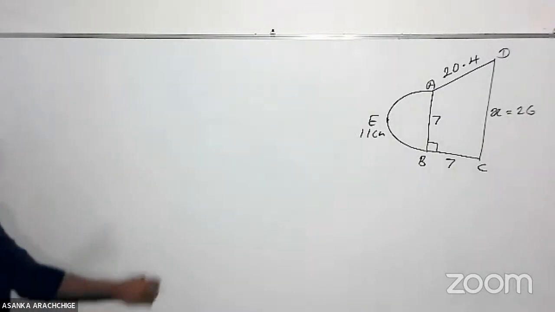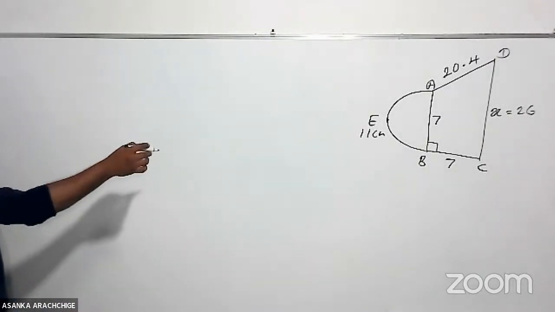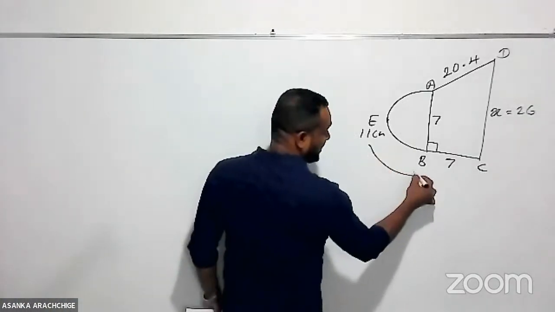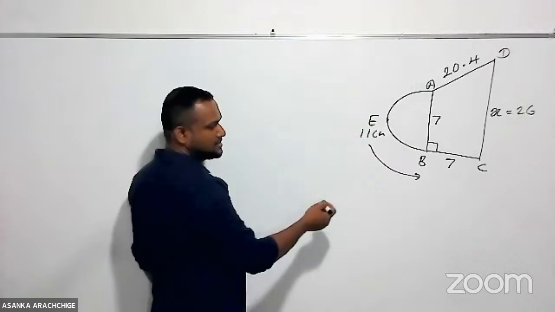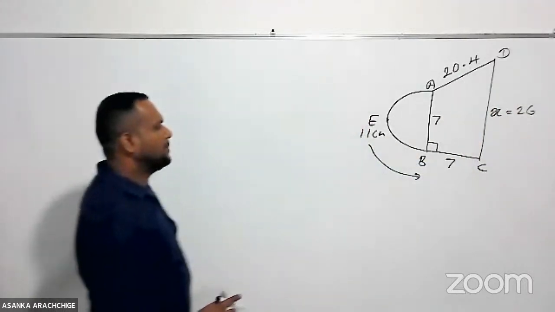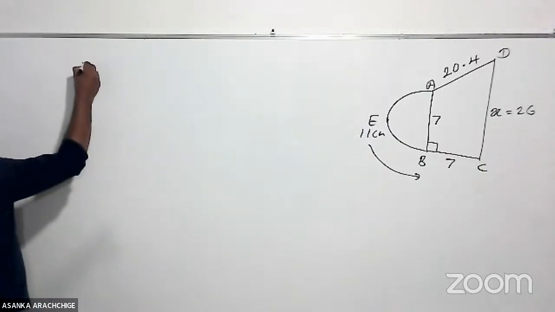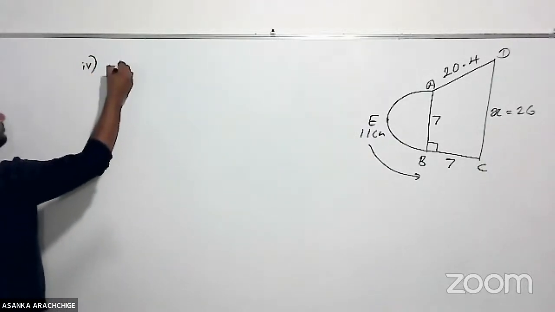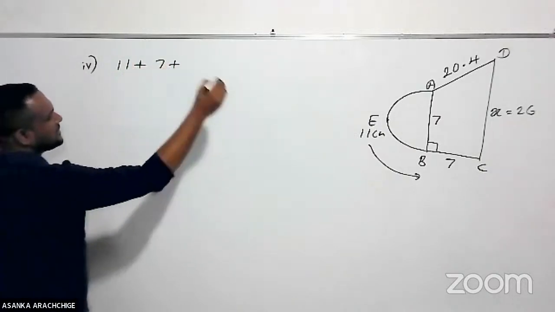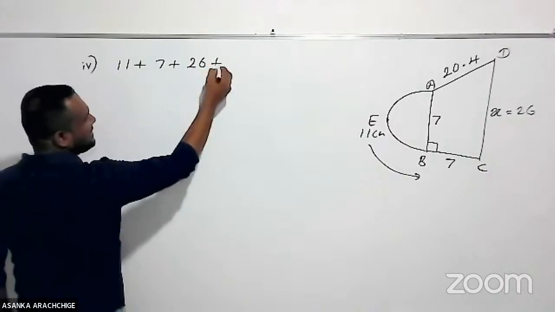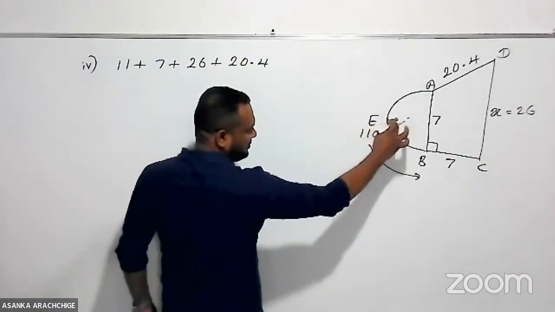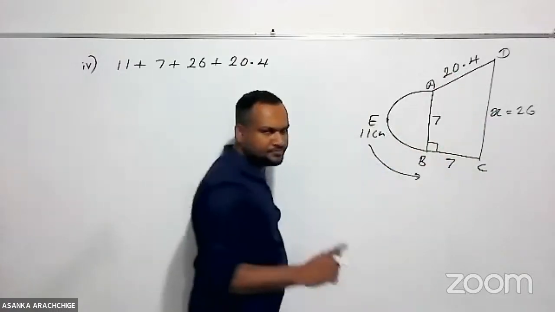Therefore, the perimeter of the sign sheet, if we start from this and rotate counterclockwise, is 11 plus 7 plus 26 plus 20.4.